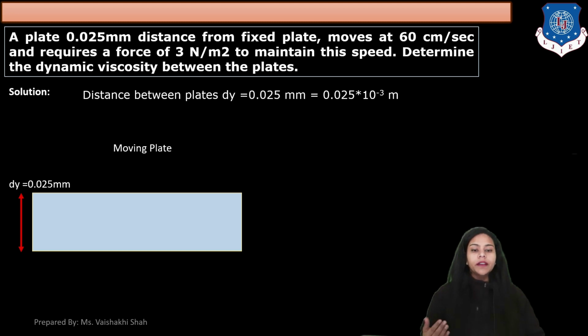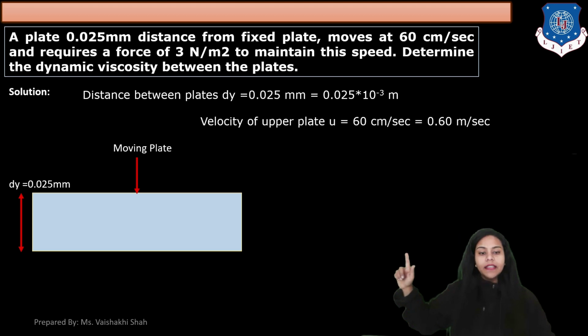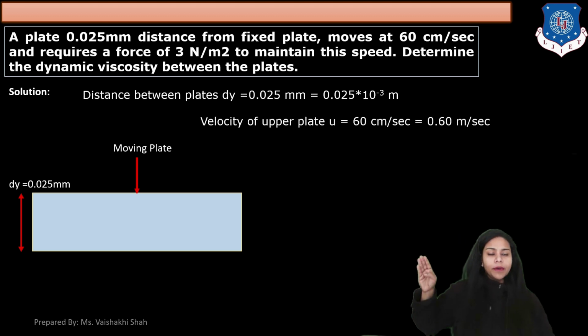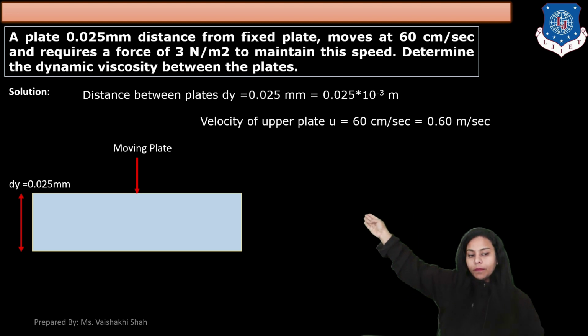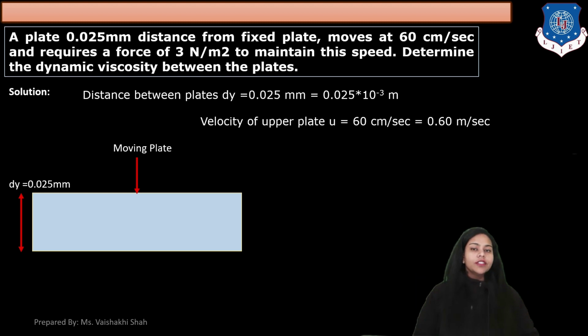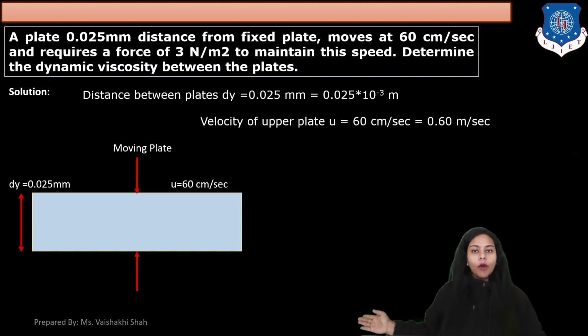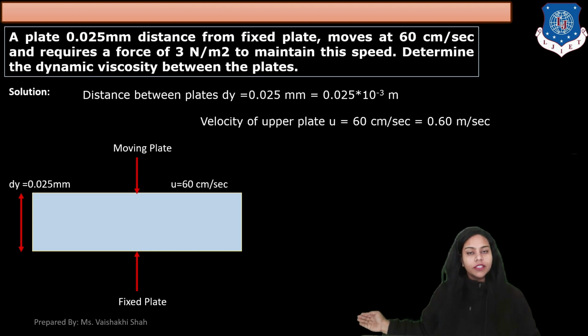Now here the top plate is moving and the velocity of upper plate is 60 centimeter per second, which is 0.6 meter per second. In the data it is given that the bottom plate is fixed. So this is your bottom plate which is fixed.